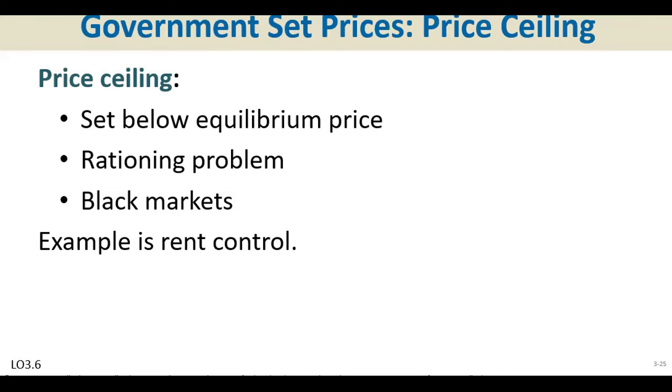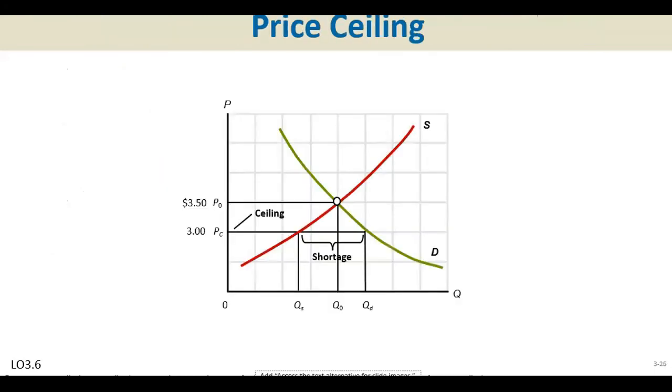So if we look at it on the graph over here, an example of a price ceiling. If you look at this graph, you see that the equilibrium set by the market is at 350 and the quantity is at Q sub 0, right? So let's say there's a maximum price ceiling set at $3, which is below the market price of 350.